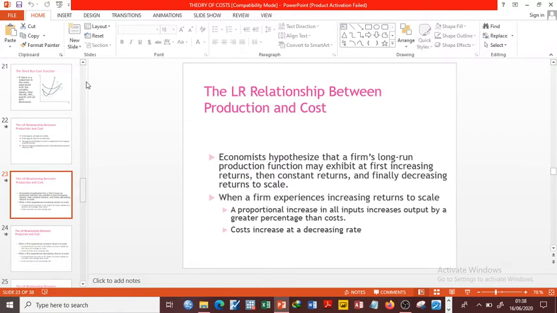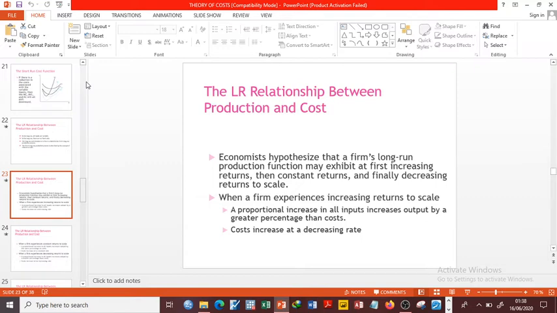Okay. Now, I want us to look at this concept of returns to scale. In layman's language, when we talk about returns to scale, we are talking about the relationship between input and output. We are asking ourselves: what will happen to output if we increase input?